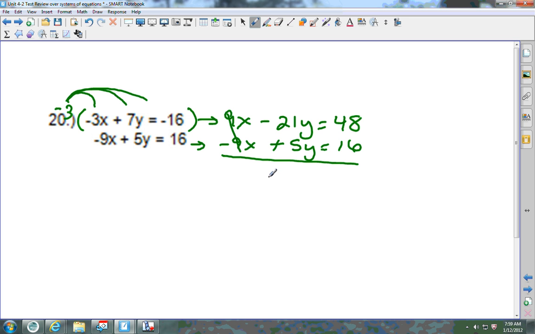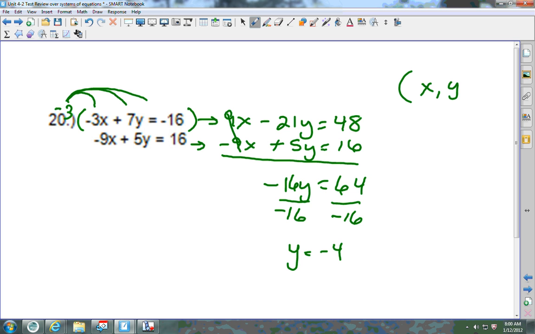Right here, I get negative 21 plus 5, which is negative 16y equals, add these together, 64. Divide by negative 16. Y equals negative 4.